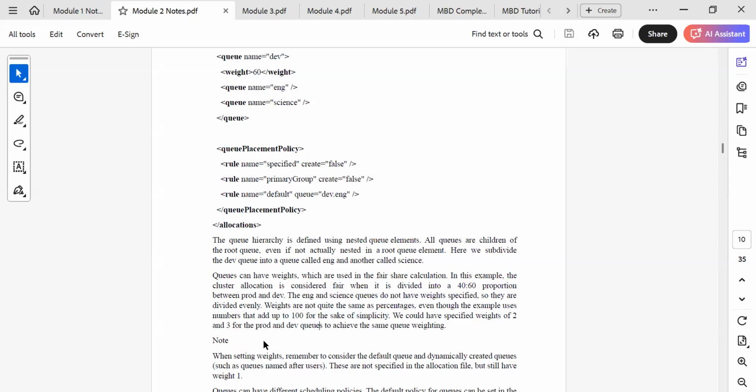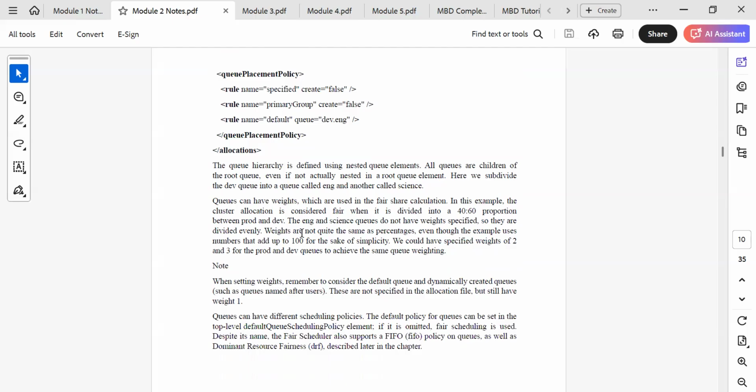We could have specified weights of 2 and 3 for the production and development queues and achieved the same queue weighting. So this is all about this XML code and the fair scheduler configuration.